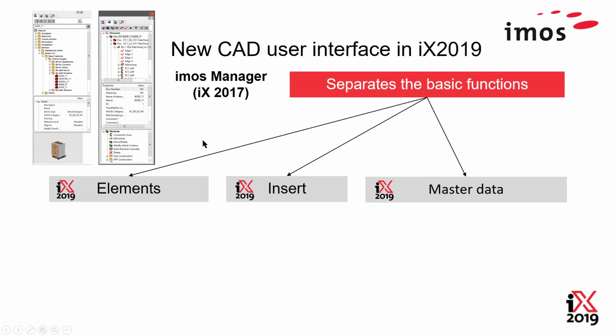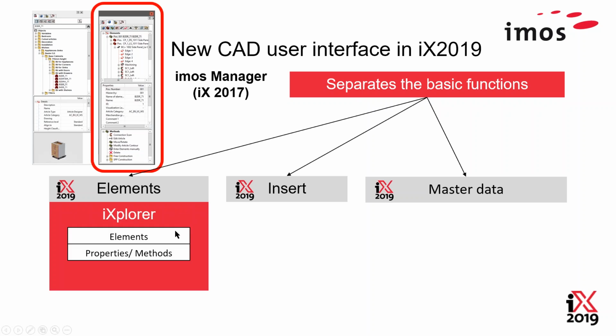Let's start with the elements. The elements, that means that there are elements in the drawing, like articles and parts and work groups and edges and whatever. And these elements have properties, and these elements can be treated with methods.